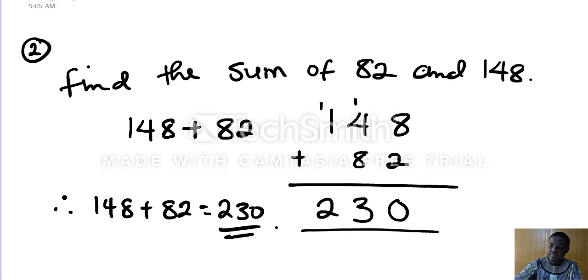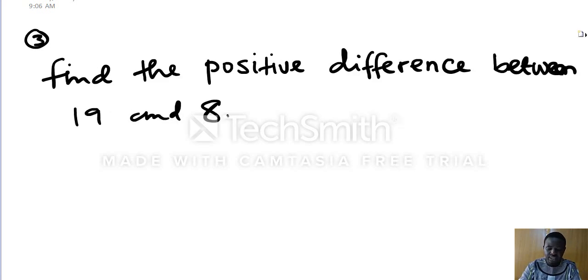as your answer. Next, question 3 says you should find the positive difference between 19 and 8. Remember, we said for you to have a positive difference, it's going to be the smaller number being subtracted from the larger number. That is 19 minus 8 will give you the positive difference. But if you have to look for the negative difference, it's going to be the smaller number minus the bigger number.